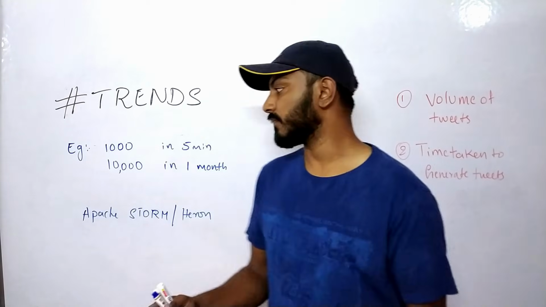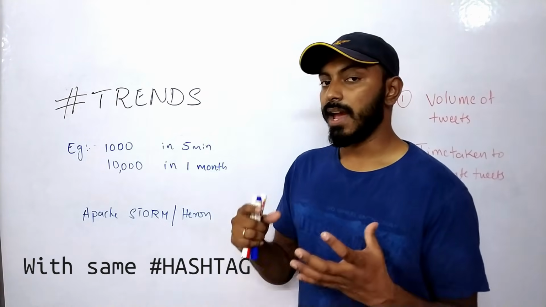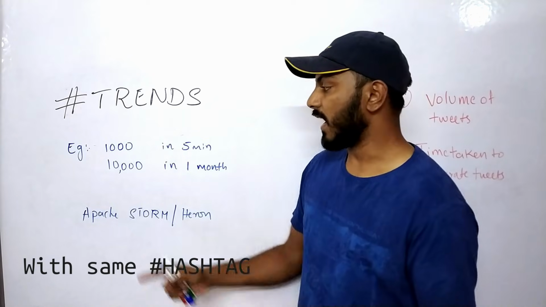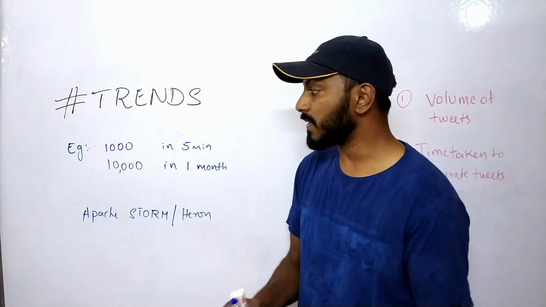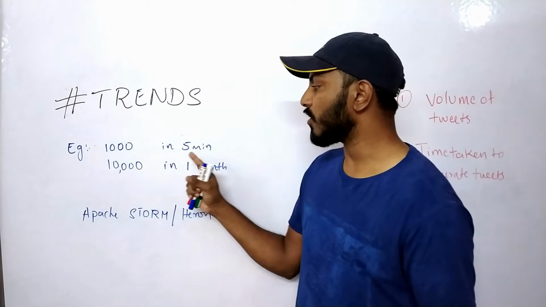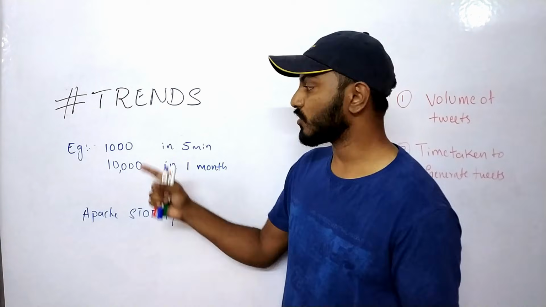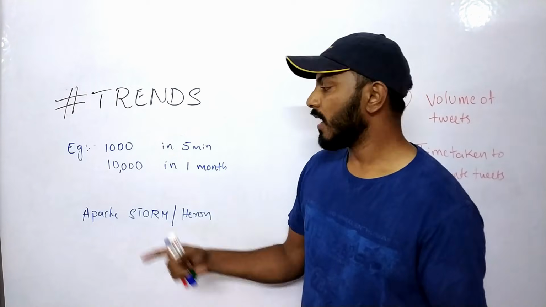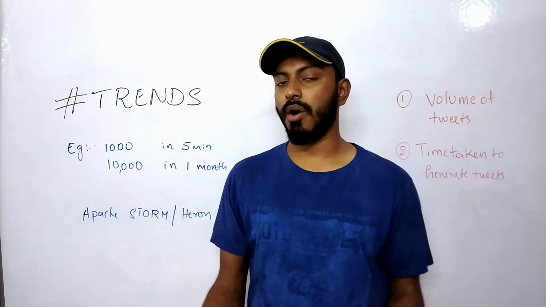Say for example, 1,000 tweets in 5 minutes is much more interesting than 10,000 tweets generated in 1 month. That means that in a short period of time, people are talking a lot about something, so they generated about 1,000 tweets. But 10,000 tweets in 1 month could be pretty normal because the time duration is bigger.